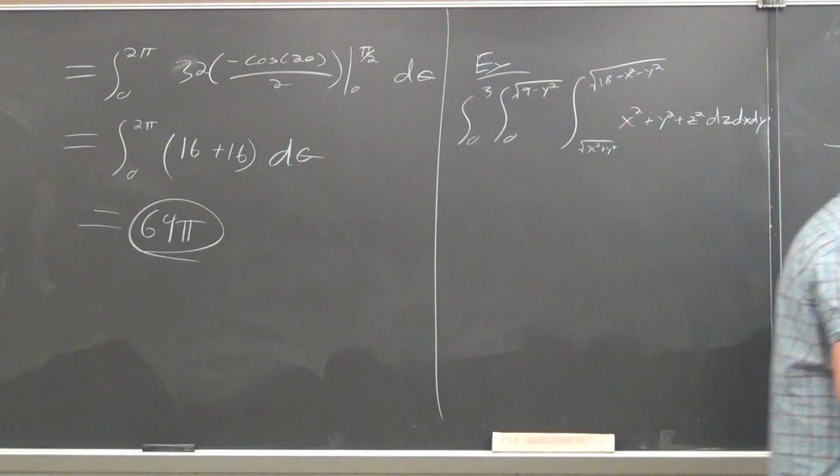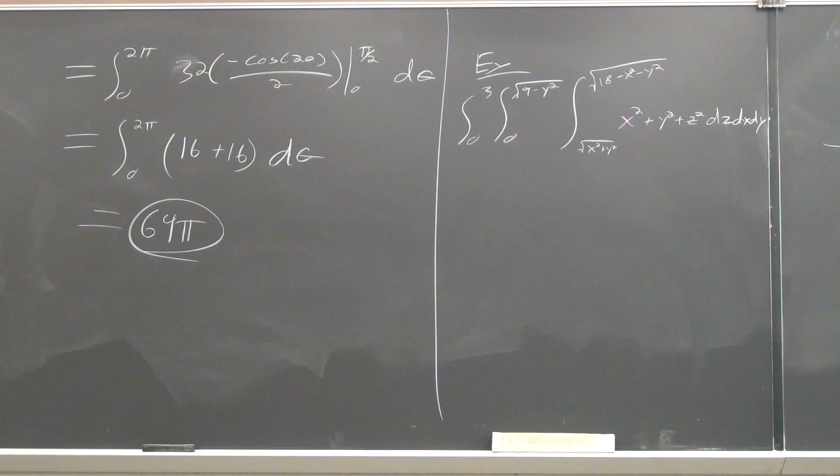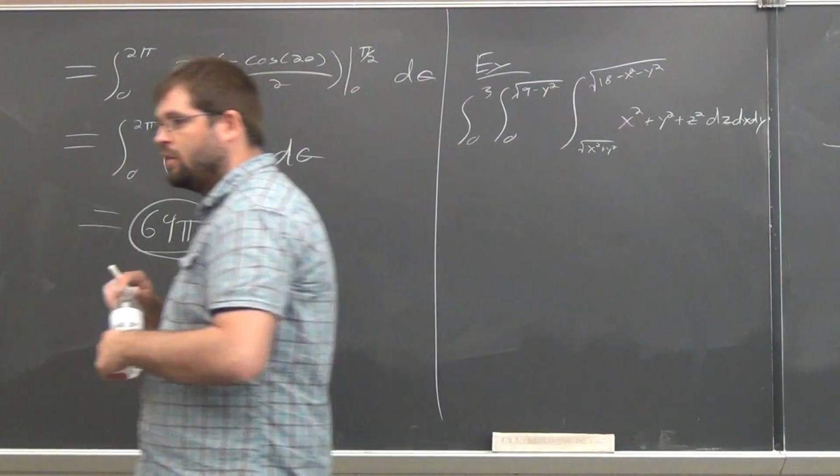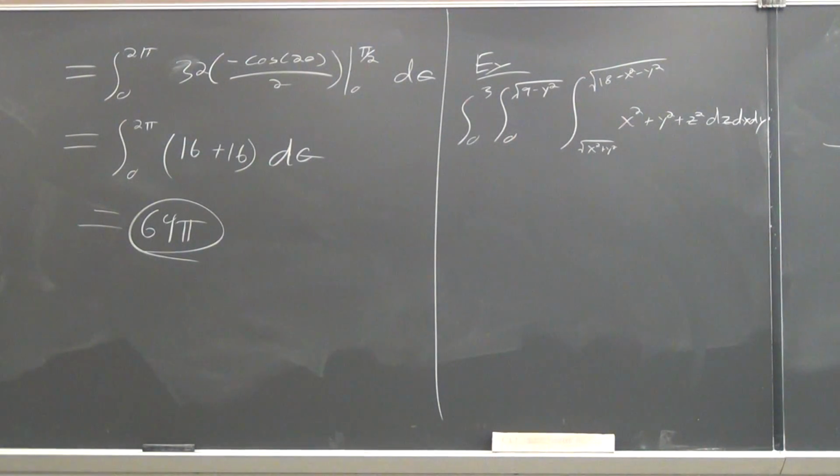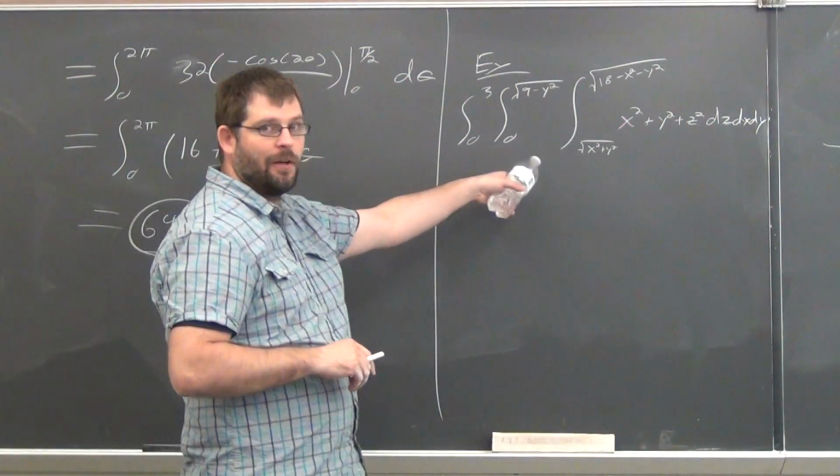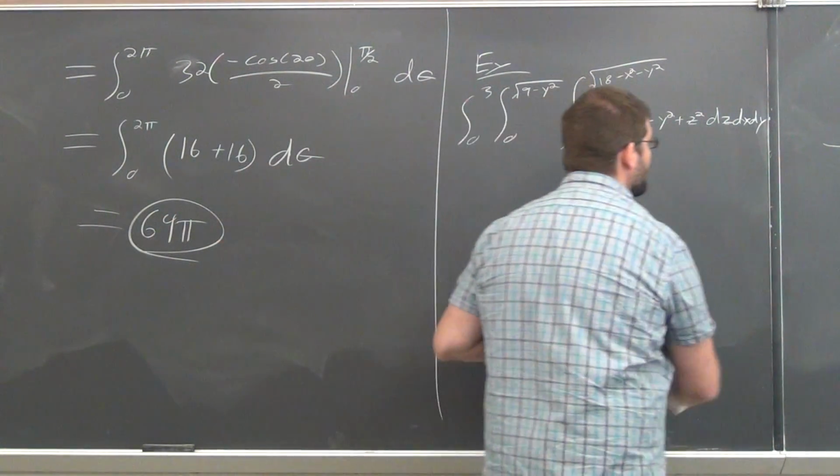Okay, so I guess my directions here are to evaluate this by switching to spherical coordinates. Okay. So you first want to determine what region is being represented here, and then make your switch over.